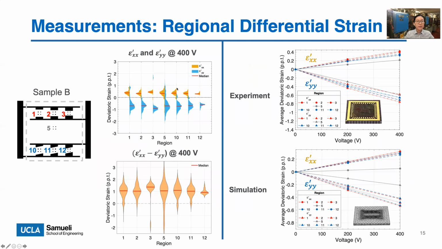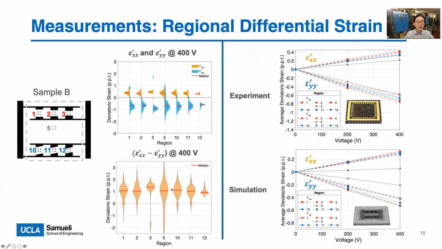And then the next step is to get the average of the strain in each location and plot it out in those volume plots. The yellow ones are along the x direction, and the blue ones are along the y direction. And here we also plot the difference in those strains and treat these as a total strain. And those data were collected at 400 volts.